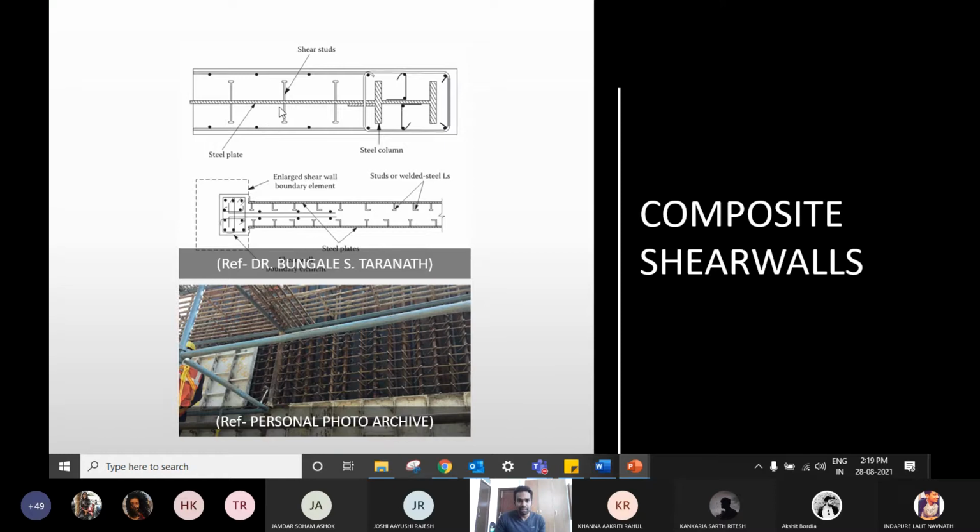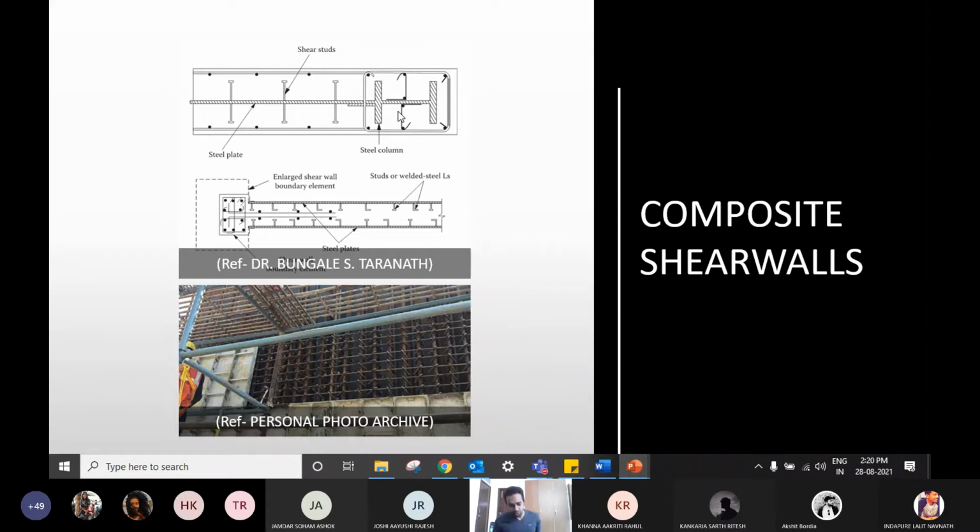You have a steel plate inside, and for the force transfer, they are using shear studs. You have concrete on the outside and some vertical reinforcement bars. At the end of this shear wall, we call this the boundary element, which is definitely on either side, right?